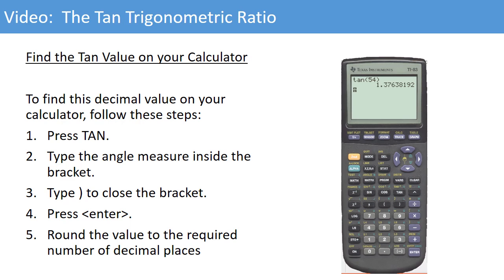Now, you may be asked in a question to round it off. Let's say we want to round this off to 2 decimal places. We look to the third digit. Since it is a 6, we're going to add 1 to the 7 to get 1.38 as our decimal value.